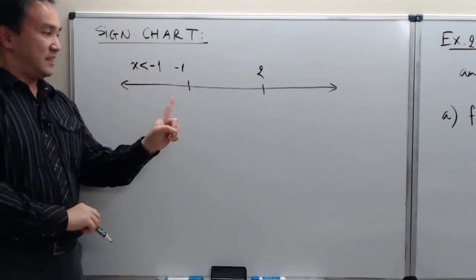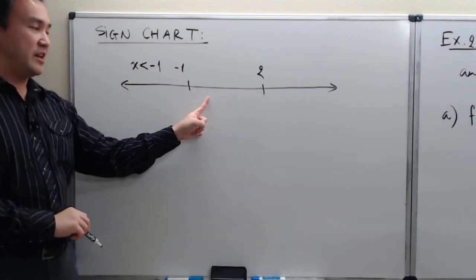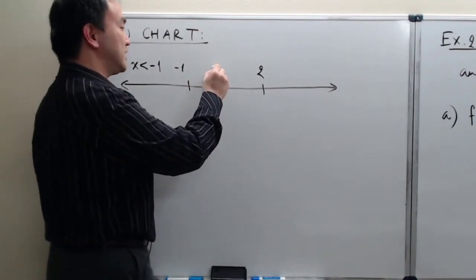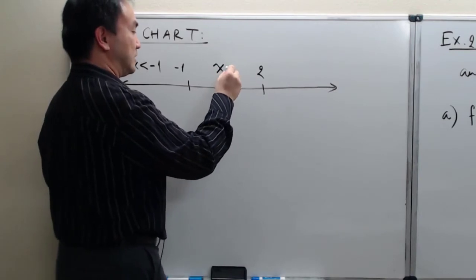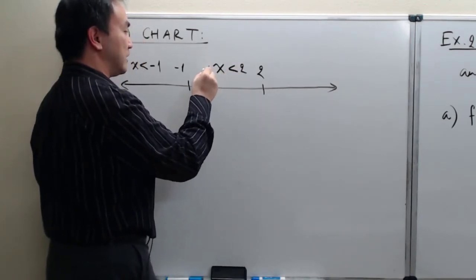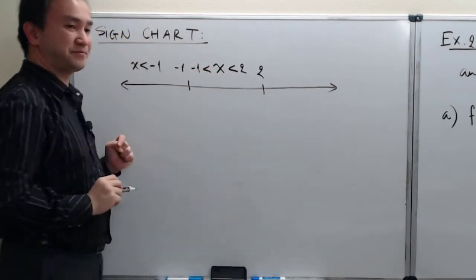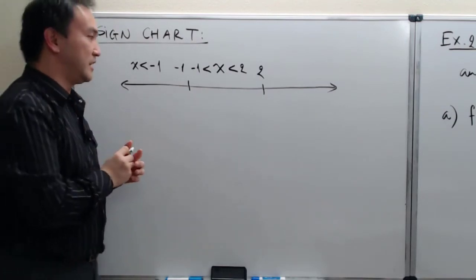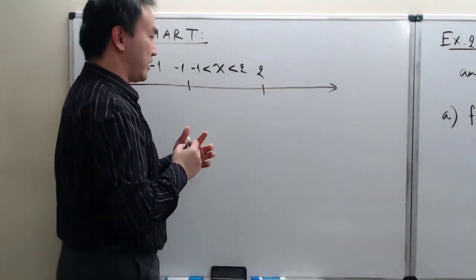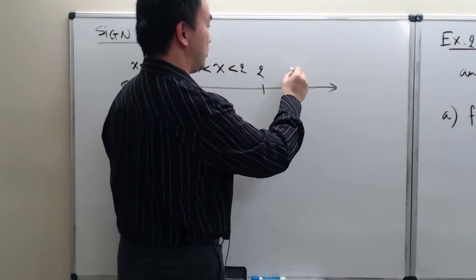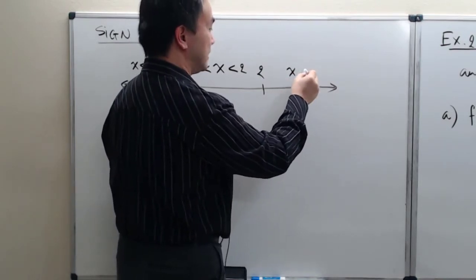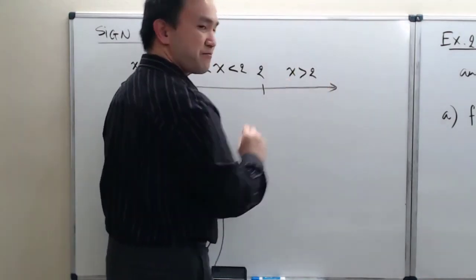This interval in the middle here is indicating those x values that are less than 2 and greater than -1. And this last interval here is the interval of those values of x greater than 2.